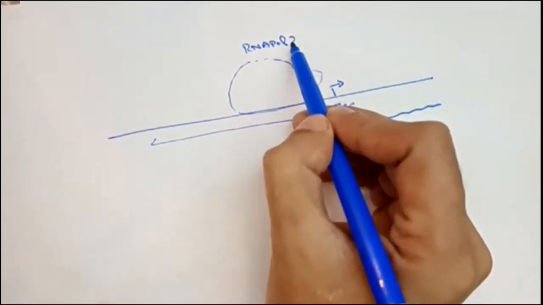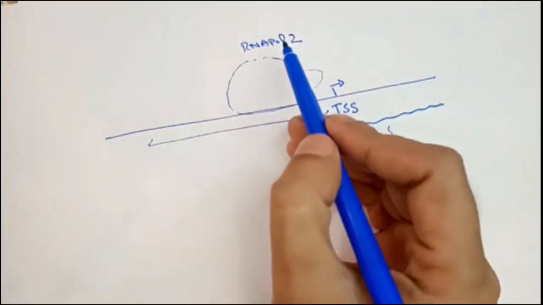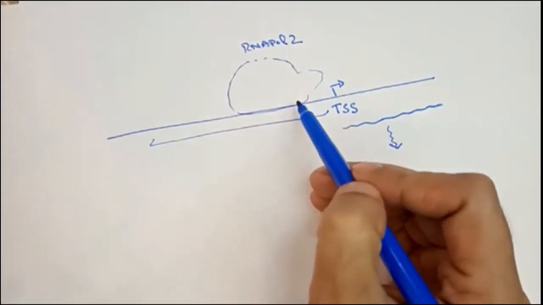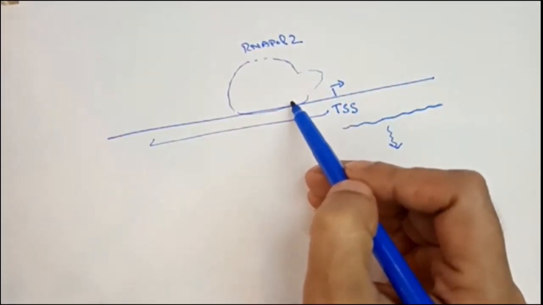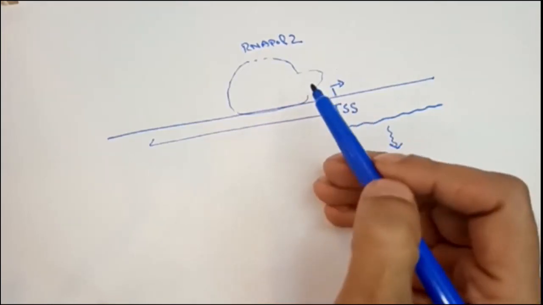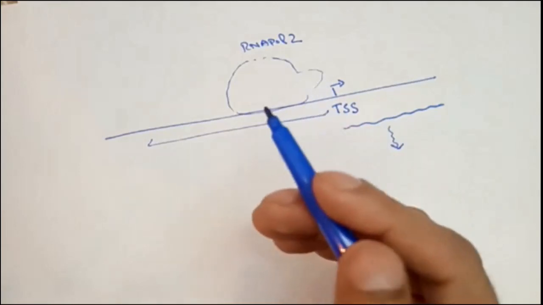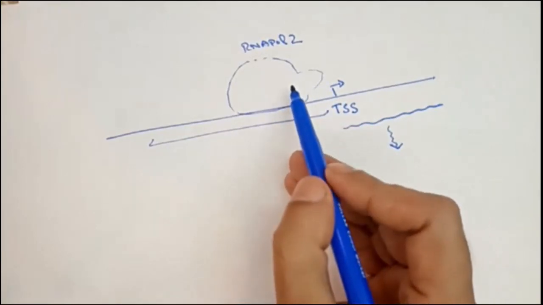RNA pol 2 doesn't have eyes. It doesn't know where to start, whether to express a particular gene or not, whether to start the process of transcription or not. It cannot make a decision.